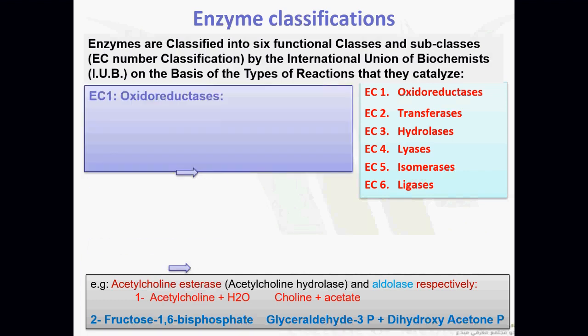The first example is for the first class, the oxidoreductases. As we mentioned, this class activates oxidation and reduction, and usually these actions take place simultaneously. Whenever a substance is oxidized, another substance will be reduced.